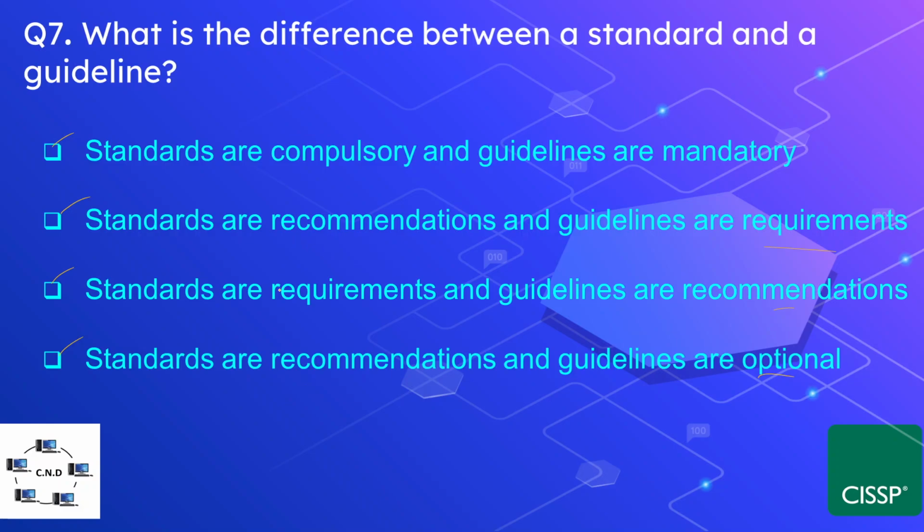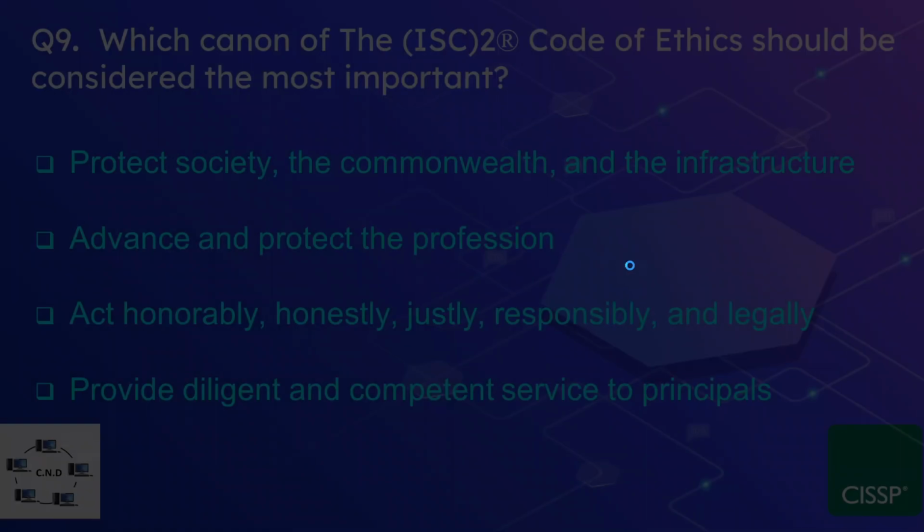And the correct answer is standards are requirements while guidelines are recommendations. So standards are requirements, or we can say they are mandatory, while guidelines are recommendations; they are not mandatory.